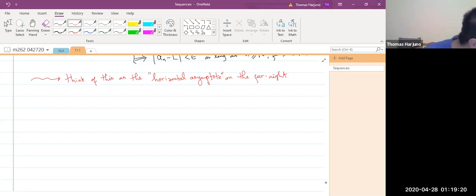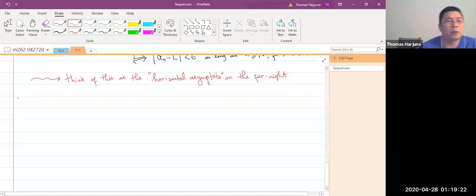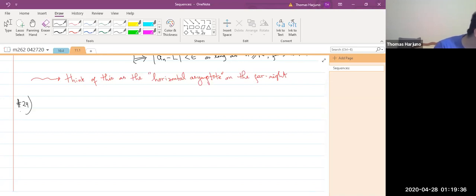Let's say, for example, number 24. The question is, determine whether the sequence converges or diverges. If it converges, find the limit.